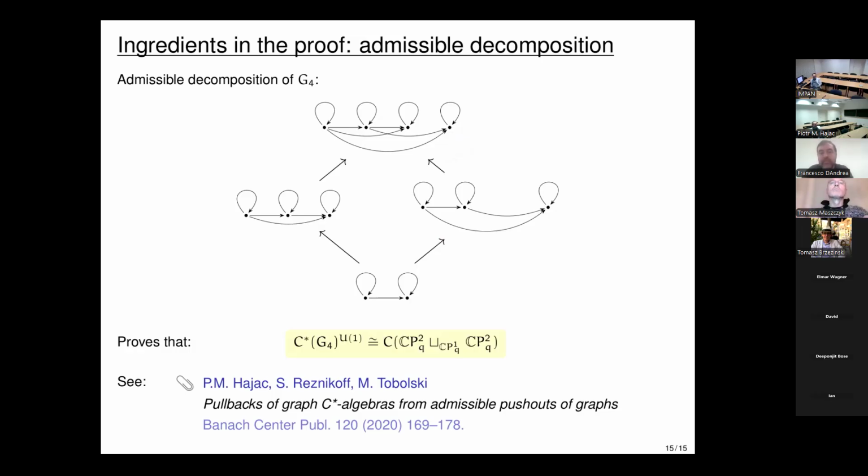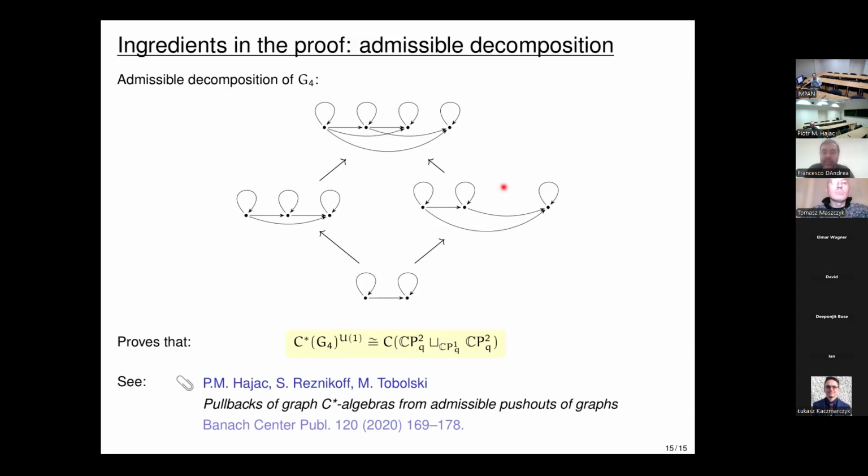Yeah, fine, but forget trimmable for a while. Are these arrows just the natural inclusions of subgraphs? Yes. So what I just said stands. Yes, you can replace everything by amplified graphs describing the cores, and that is also a pullback diagram. And then you have a nice amplified graph, which will be the graph of the graph C-star algebra, which is the U1 fixed point of C-star G4.